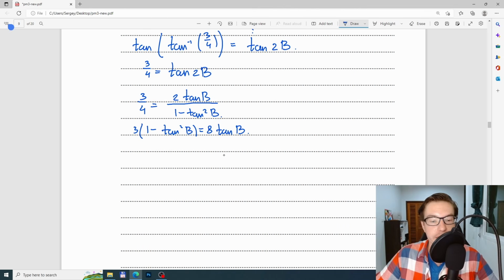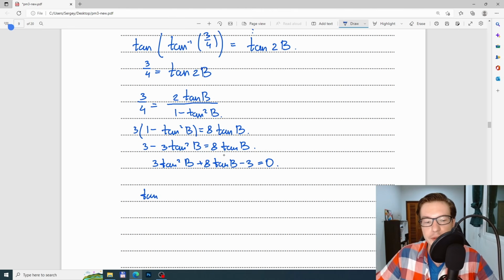Now, I will rearrange this and I will get a quadratic equation. And now I can solve this and find what tangent b is.